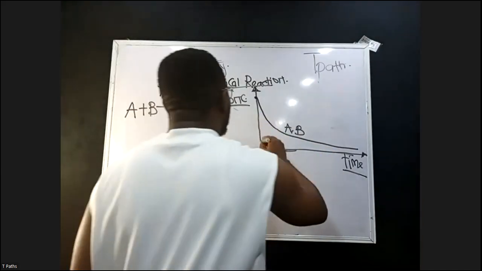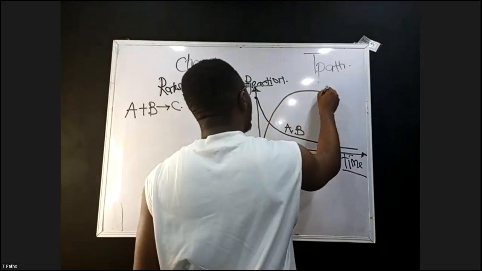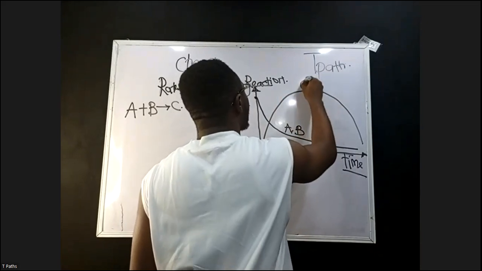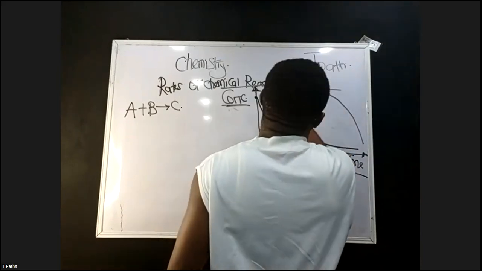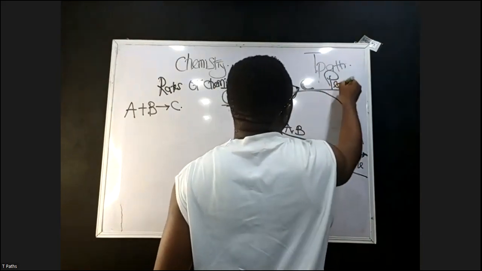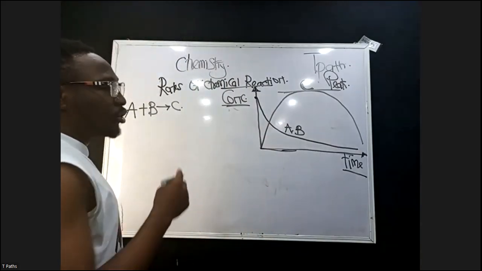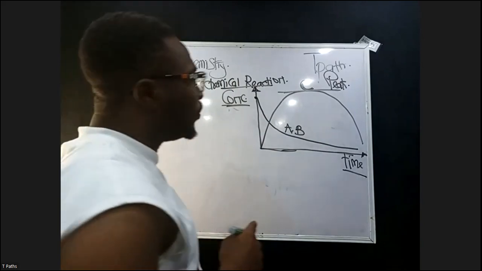We observe that the product will increase from 0, and that is called C. So this is more like the peak of the reaction. You will get the reason why when we explain it further.